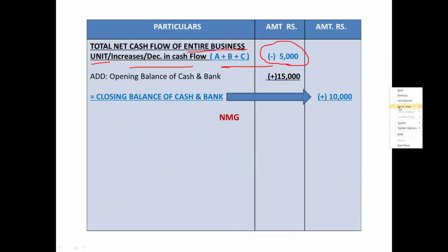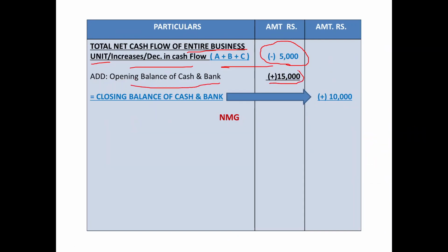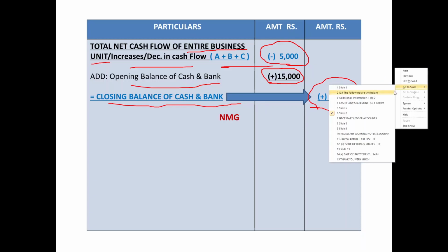Add opening balance of cash and bank as we saw in the balance sheet, 15,000. So minus 5,000 plus 15,000, that gives the closing balance of cash and bank at the end of the year rupees 10,000.